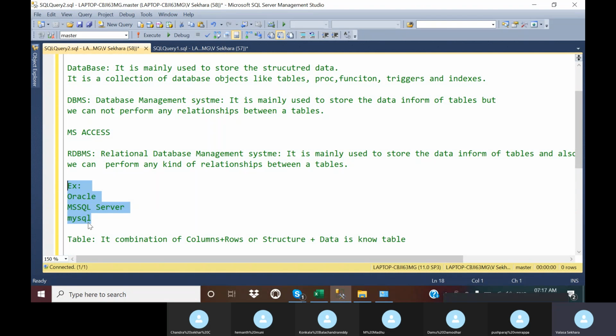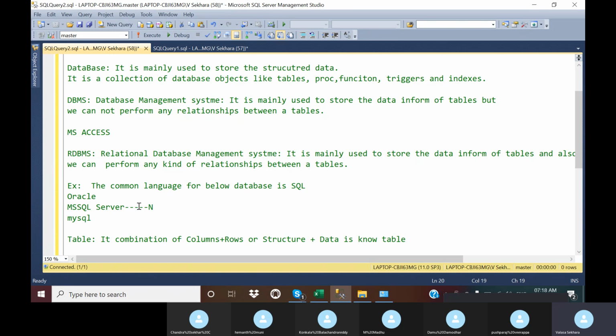So for these databases, the common language is SQL, Structured Query Language.